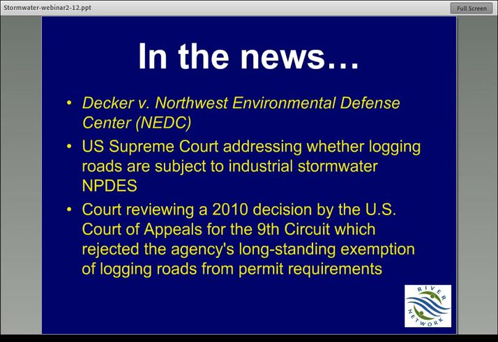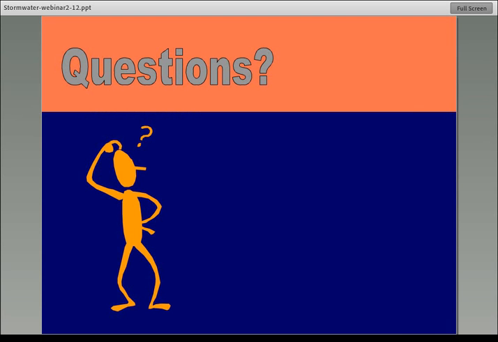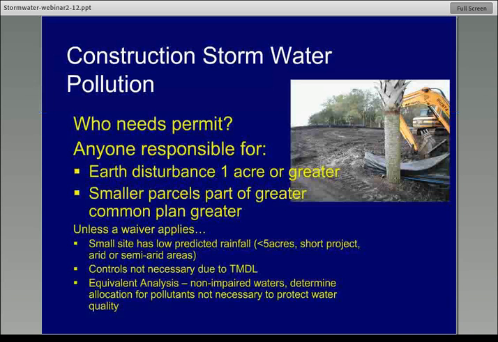So reviewing the Court of Appeals decision, the agency's previous activities of exempting logging roads from permit requirements was again put on the table, and that decision was not made, and some things related to an EPA set of rules that came out right before the oral arguments happened last week has kind of thrown this up in the air, but it's something to look into for a good example.